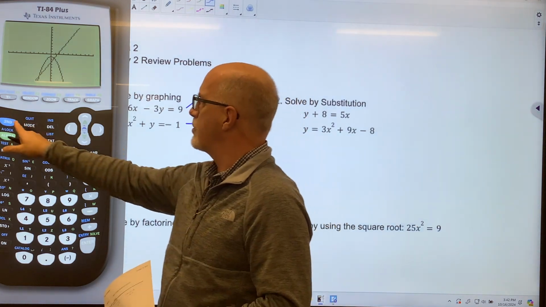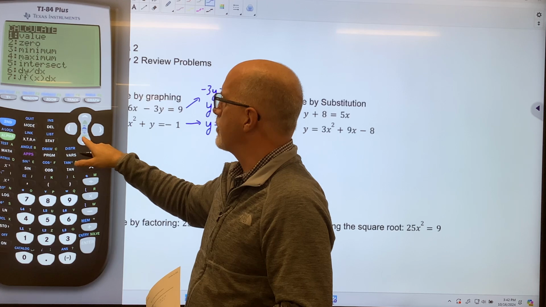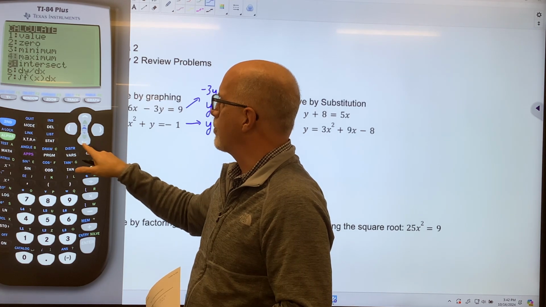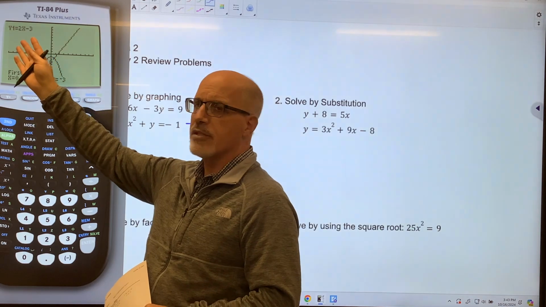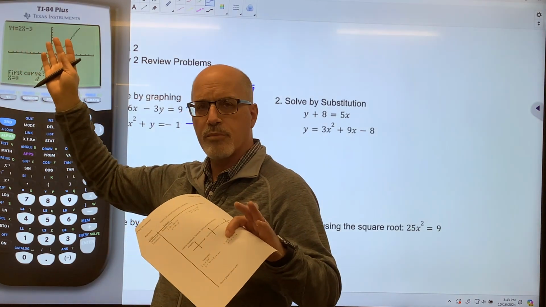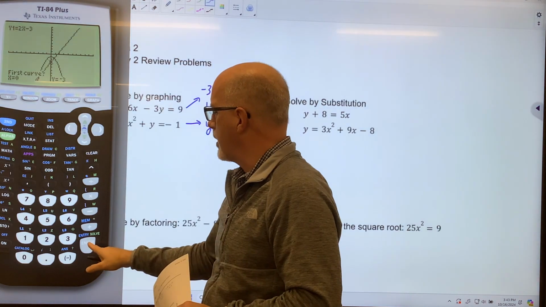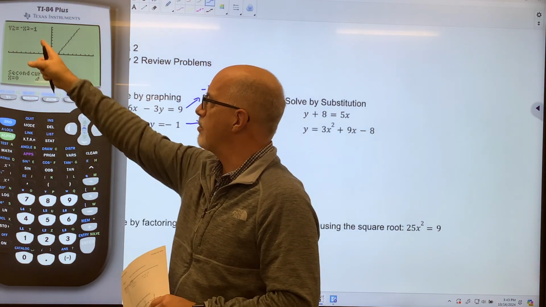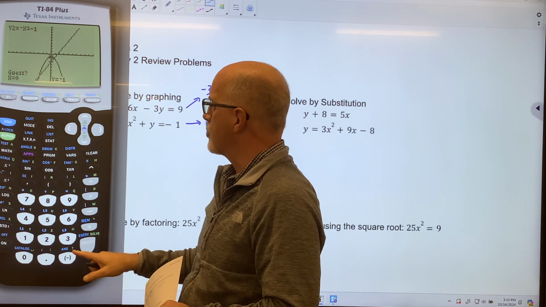Now to look for the intersection points, I hit second calculate, and I go down to intersect, which is the fifth one. Now I have to tell the calculator which is my first function, and it's 2x minus 3. What's my second function? It's opposite of x squared minus 1, so I confirm it by hitting enter twice.